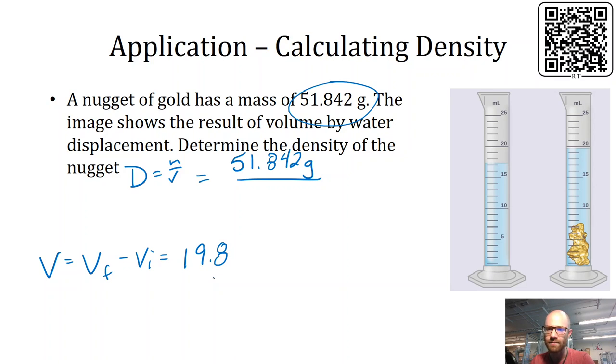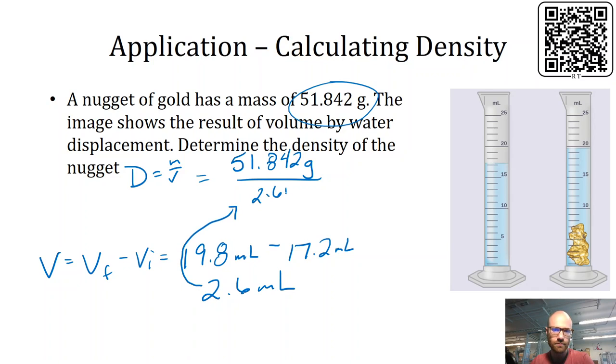I see lines, big lines every 5, and there's 4 between them, so each line is 1 milliliter, minus 17.2, which comes out to be 2.6 milliliters after we do our subtraction. That means that number gets to go right up there. And we can divide, and we get 19.9392308 grams per milliliter.